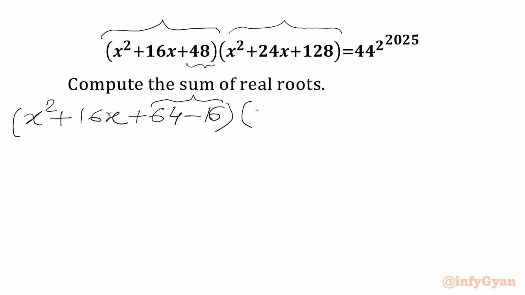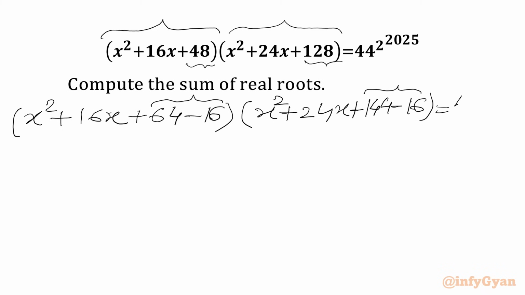In the other bracket, we'll write x square plus 24x. We have 128, which we can split as 144 minus 16. So 144 minus 16 is 128. And the RHS is 44 raised to the power 2 raised to the power 2025.